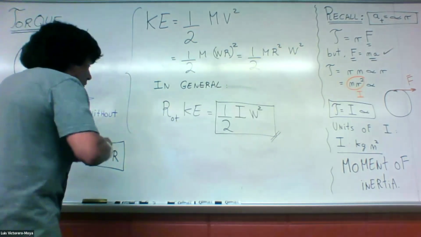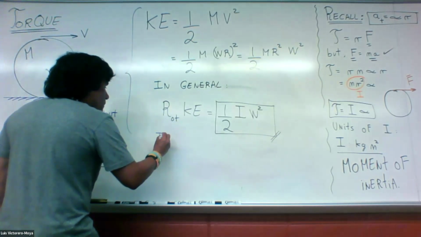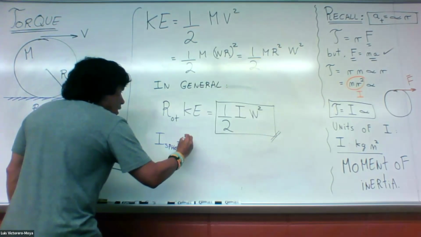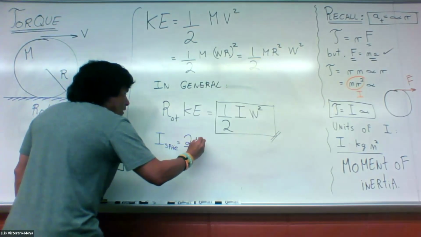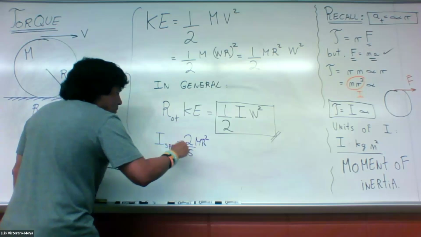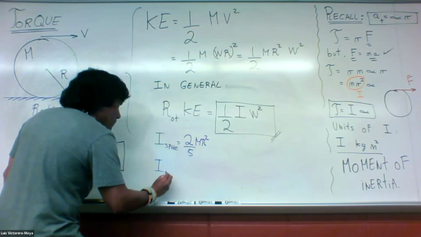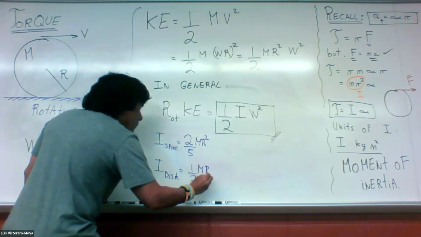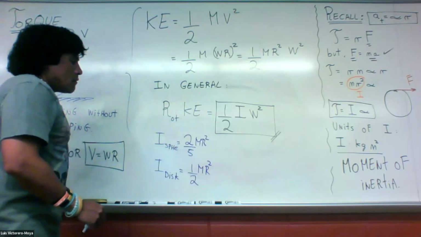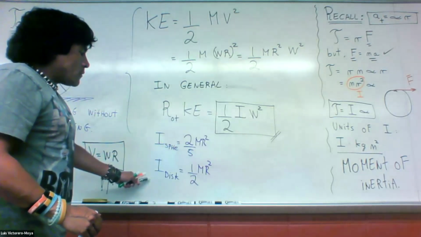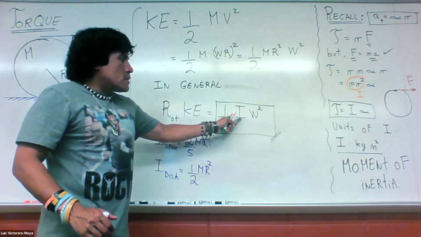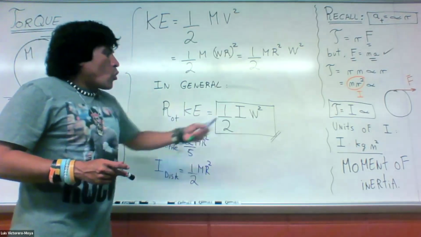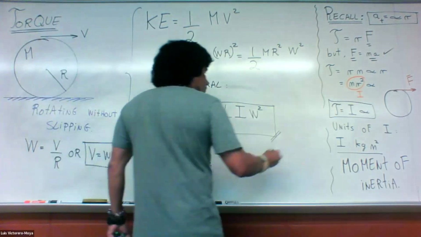If it was a sphere, the I of a solid sphere is 2/5 of M R squared, so we need a factor here. The I of a disk is 1/2 M R squared. So depending on the moment of inertia, it has its rotational kinetic energy. So that is a new equation. This is also measured in joules, by the way.